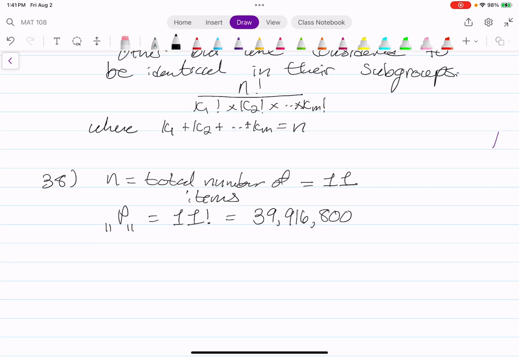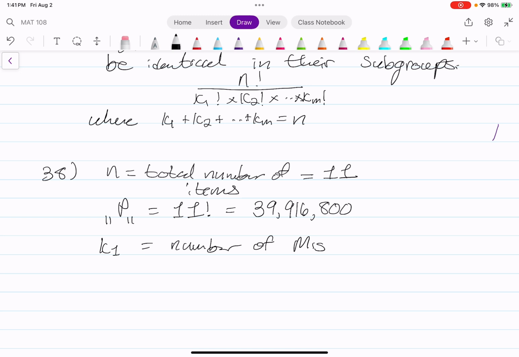So k sub 1 is going to equal the number of M's in the word Mississippi. And that is going to be only 1 M. So k sub 1 equals 1. So k sub 1 factorial is 1 factorial, which equals 1.